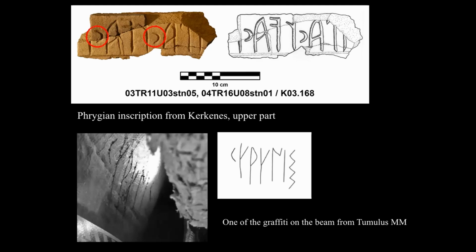And in fact, the same thing is found in another very early inscription, another graffito from the same beam of the tumulus MM. As you can see on this photo, it is taken from quite a particular angle, because it was quite difficult to get to the graffito in the tumulus, which is still intact.